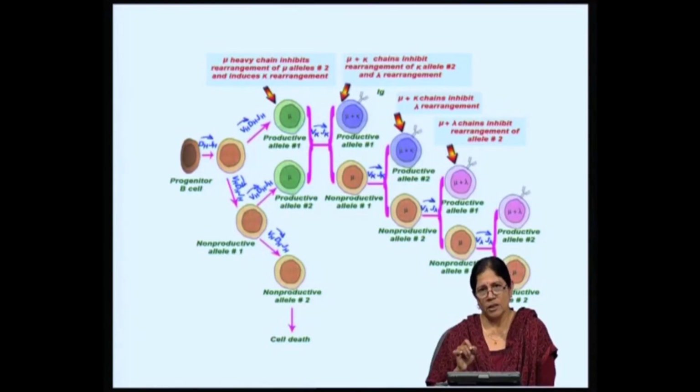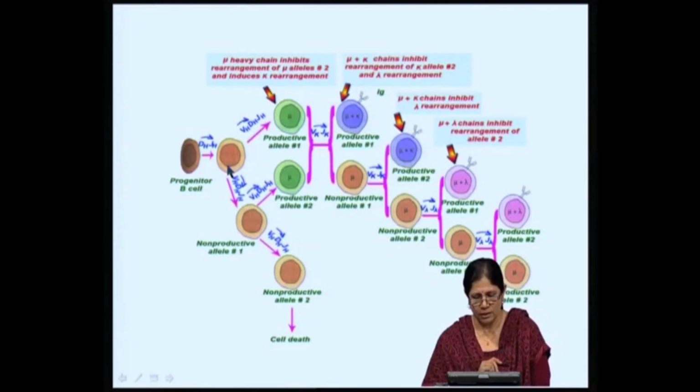The surrogate light chain itself cannot recognize an antigen, but can associate with the heavy chain such that surface expression takes place. Now, this surface expression is the clue for the recombination of the light chain genes to start. The surface expression also inhibits the second allele of the heavy chain from starting. So, that means regulation at yet a second level.